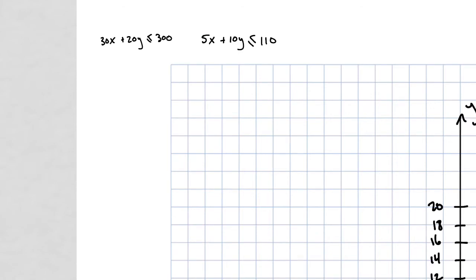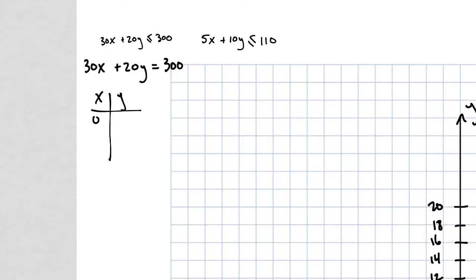To graph our inequalities, we're going to need a couple test points. To graph a line, you basically need 2 points. So here's what we do. We're going to replace the inequality sign with an equality sign to solve as you would any other graph. We make a t-chart.